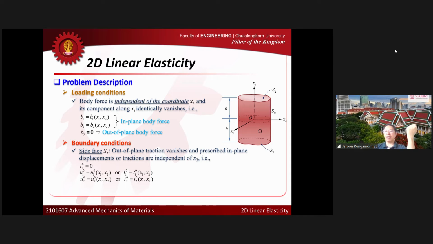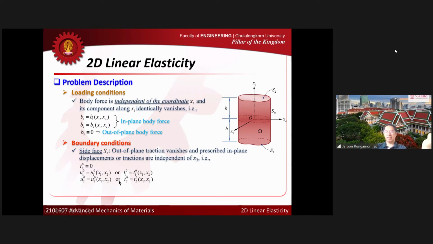So we can think of this as a 2D boundary condition, because the out-of-plane traction is identically 0. In the plane, we can specify displacement, or we can specify traction as a function of x1 and x2.